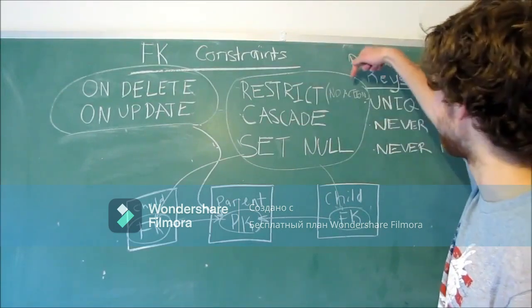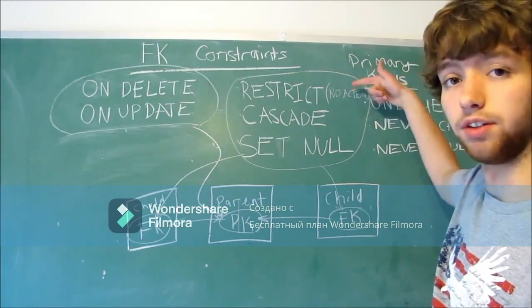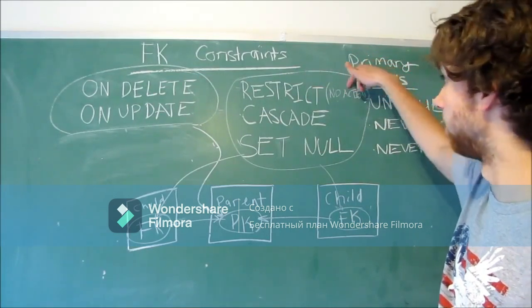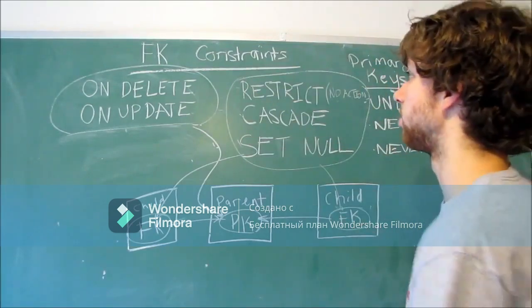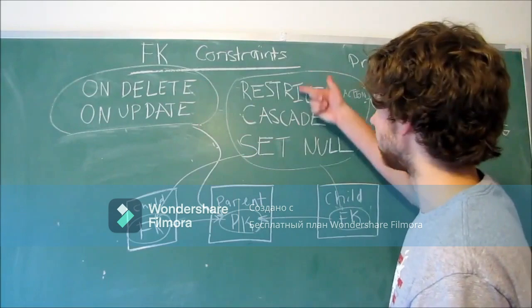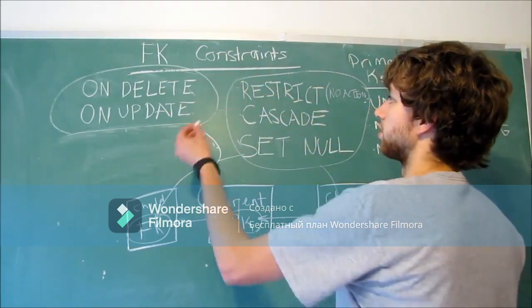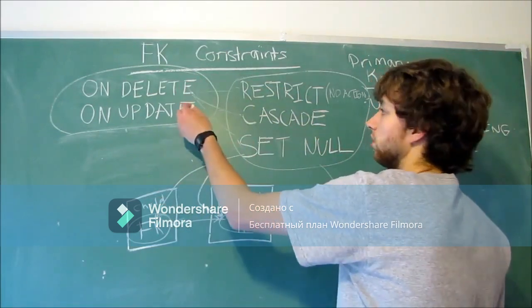Restrict, you might also hear it as no action, is, at least for MySQL, and in different database management systems these might be different. But anyways, restrict is going to throw an error. We can give one of these for each option. So on delete, we could either give restrict, cascade, or set null.